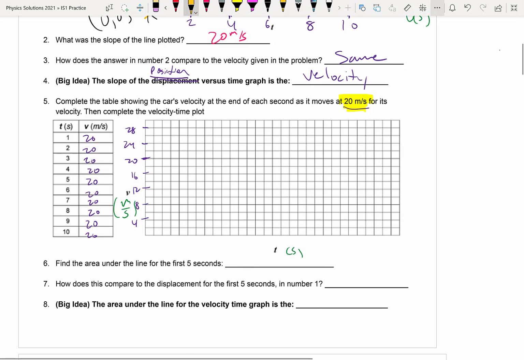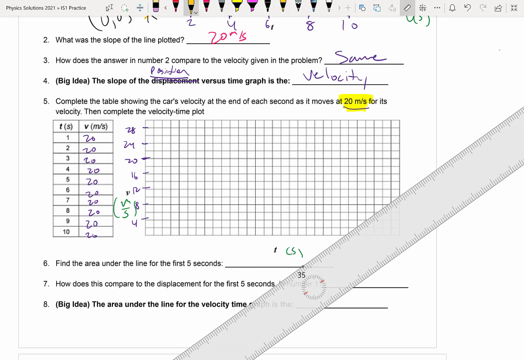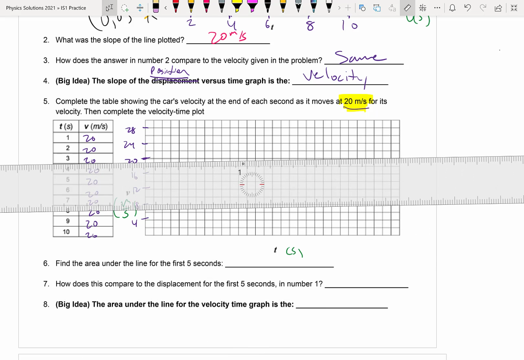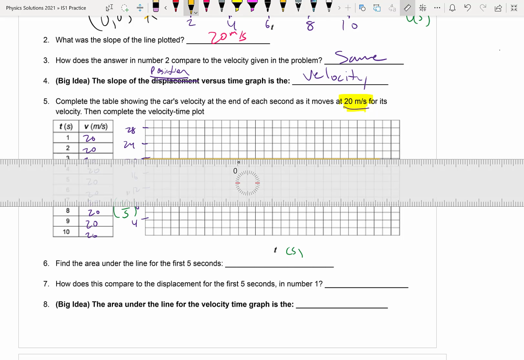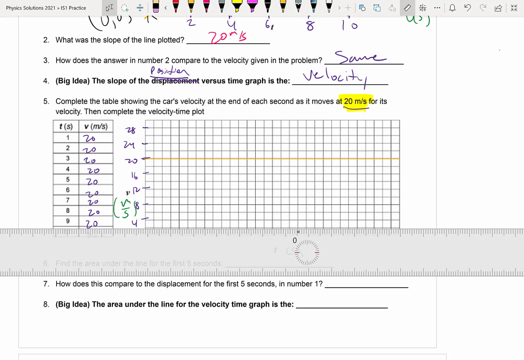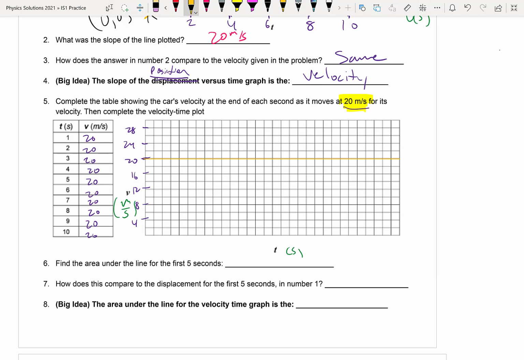Whoops. Oh, that's fine. I'll use my straight edge. Oh, come on. There we go. There's my line. And to plot my points, again this is going to be 2, 4, 6, 8, 10.